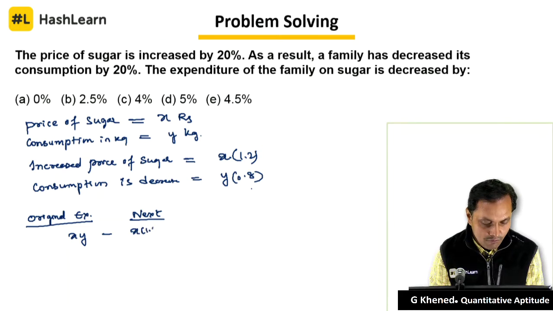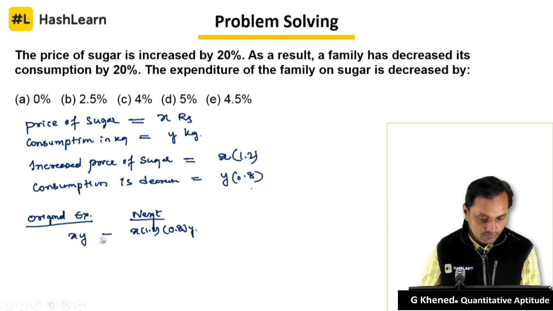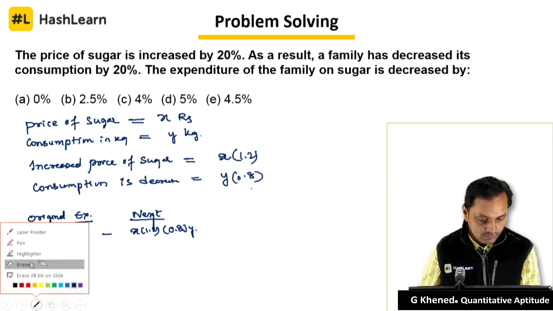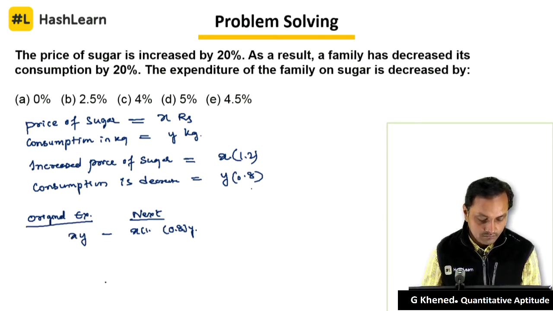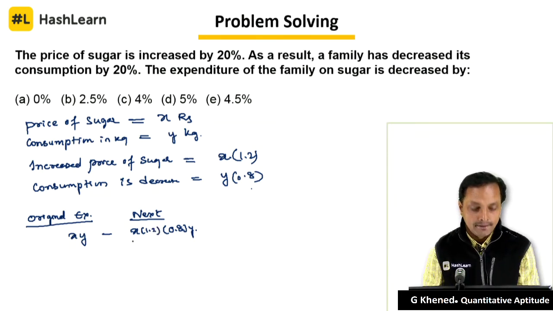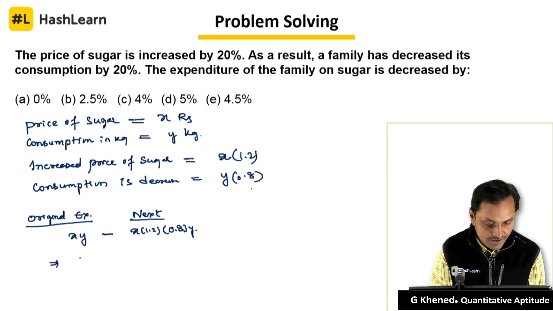X into 1.2, 0.8 into Y. Okay, so what is happening here? Just you can simplify this. This is XY minus X into Y.